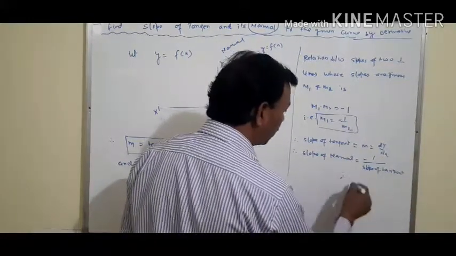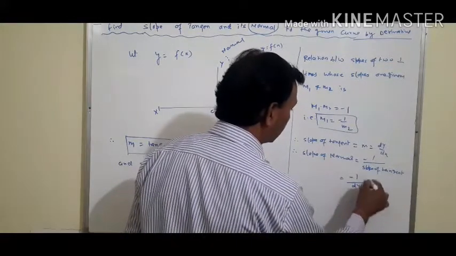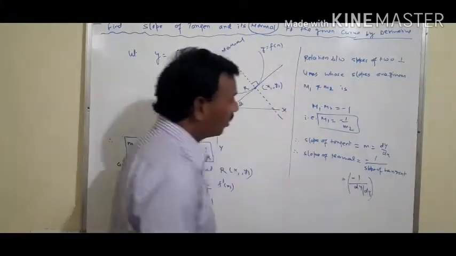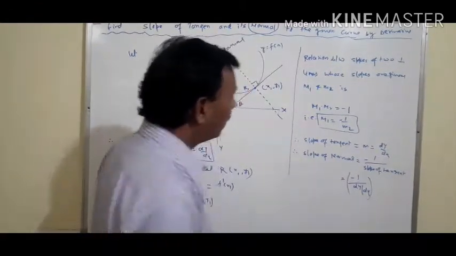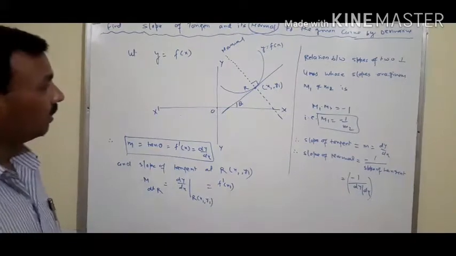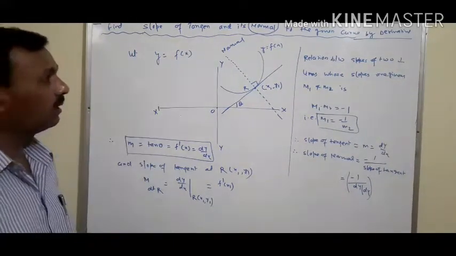That is, this will be equal to -1 upon dy upon dx. This is the slope of normal and this is the slope of tangent. Now in the next video we will take some examples related to the slope of tangent and its normal.